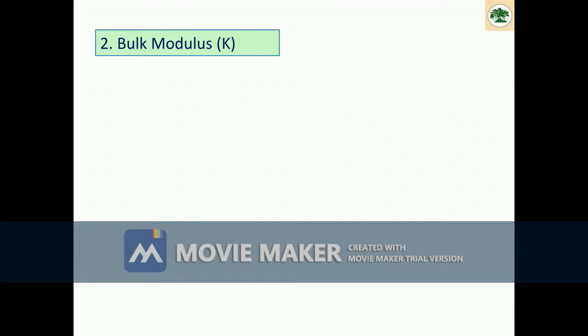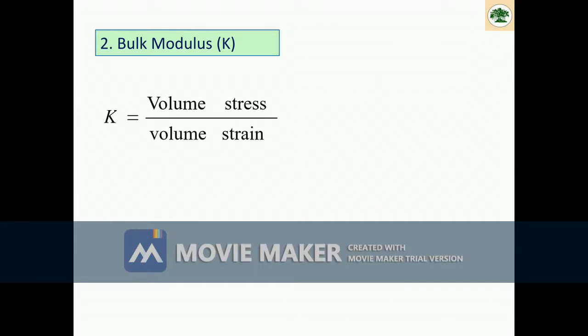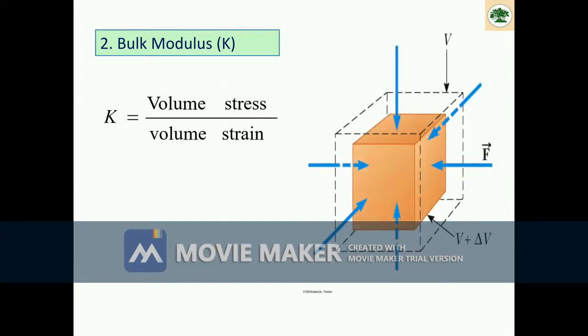There is another elastic constant which is related to the volume of the body, and it is the bulk modulus. It is denoted by the letter K. It is also a ratio, volume stress to volume strain. Now in the diagram you can see in brown color there is a body.